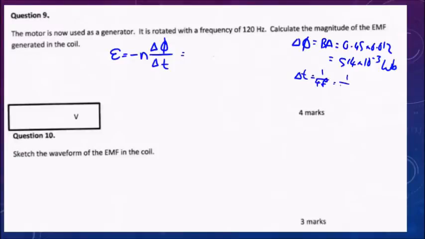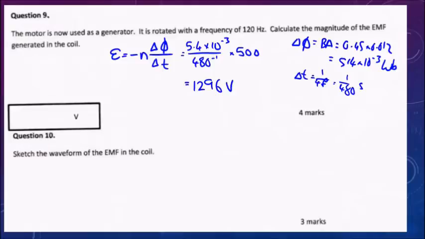So it's 1 over 480 seconds. So then we just got to put these in. 5.4 times 10 to the minus 3 over 1 over 480, or you can just multiply by 480. And then we get 1296 volts.